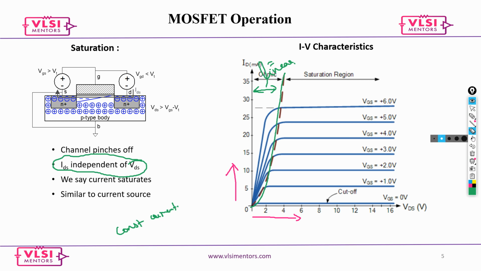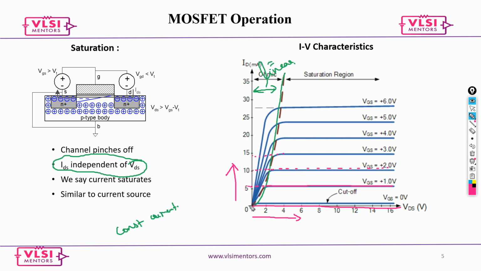Now look at here. Both of them are increasing here, right? The moment it reaches this, beyond this threshold of linear, what happens to your voltage? Drain voltage is increasing, but what about your current? Is it increasing or is it constant? Constant. So in cutoff, ID is zero.